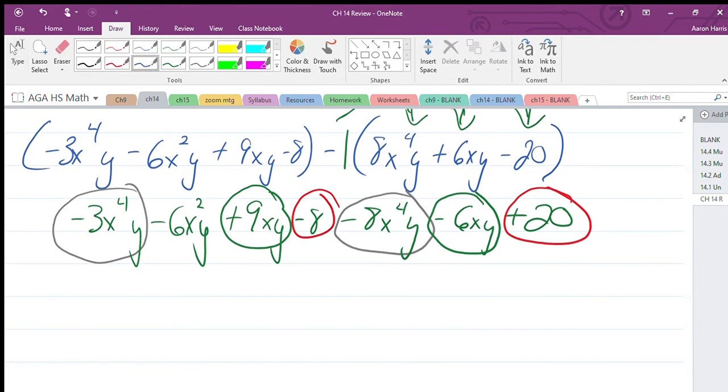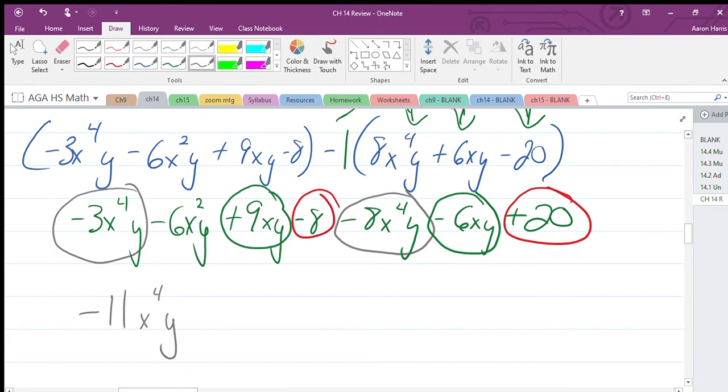So let's combine those up, okay? Negative 3 minus 8. Same sign, add. So I get 11. Keep the sign. So negative 11x to the fourth y. Notice I kept the same variables and I kept the power. When I'm adding and subtracting, I have to do that. Okay.